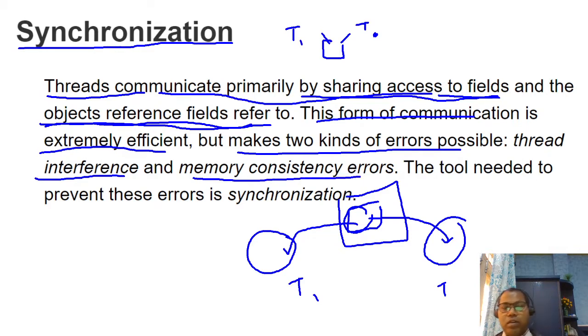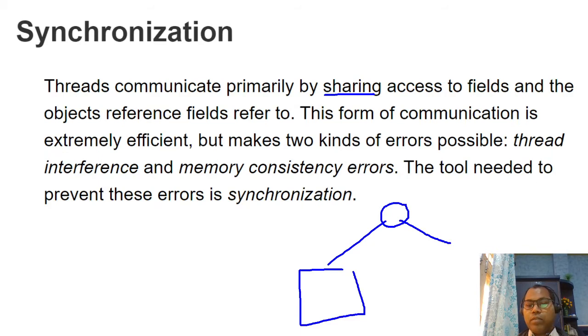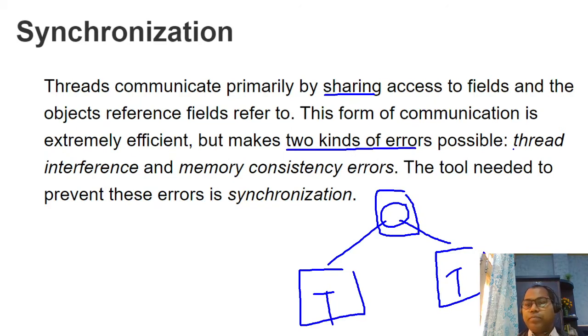Whenever we share some object between multiple threads, there is a benefit, because the same object is accessed by the two threads, but there are also some problems. Generally there are two kinds of problems: thread interference and memory consistency error.